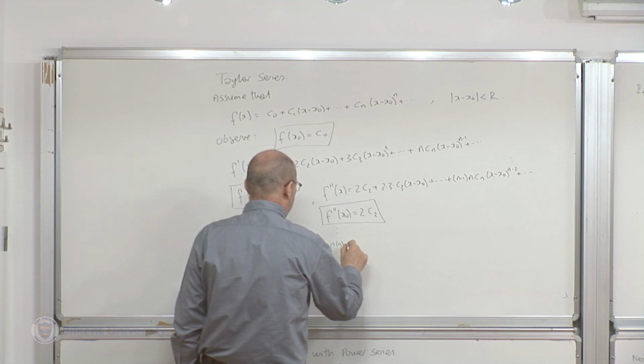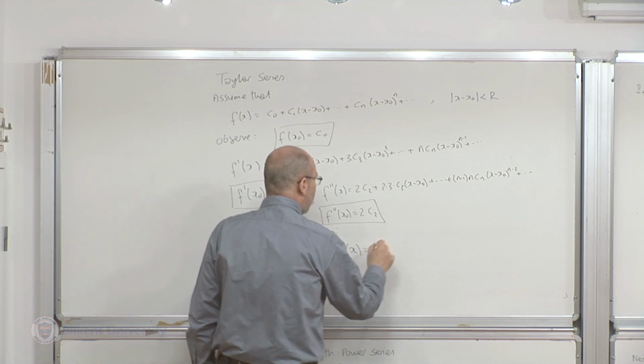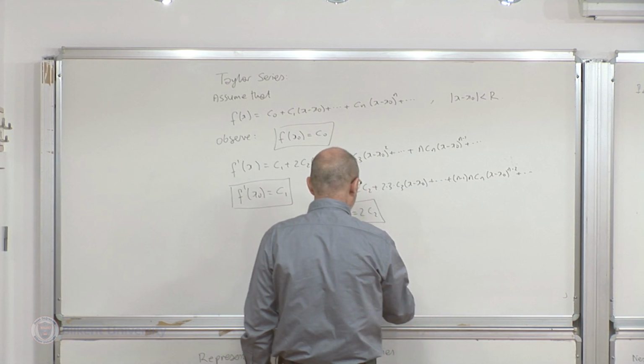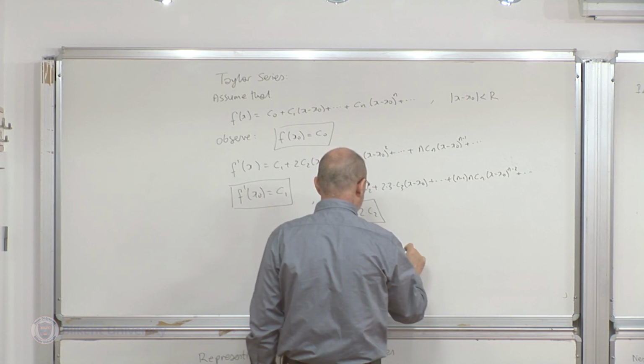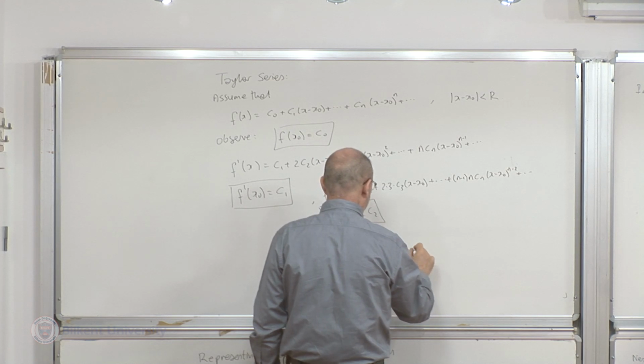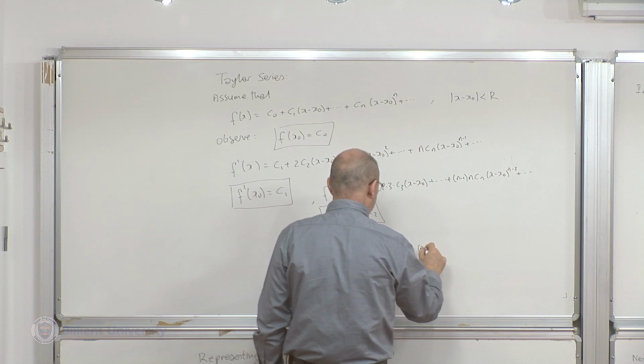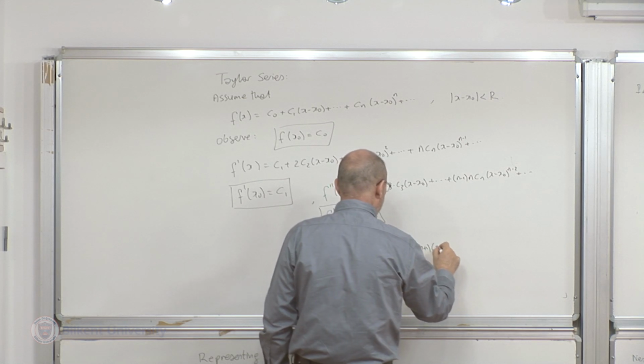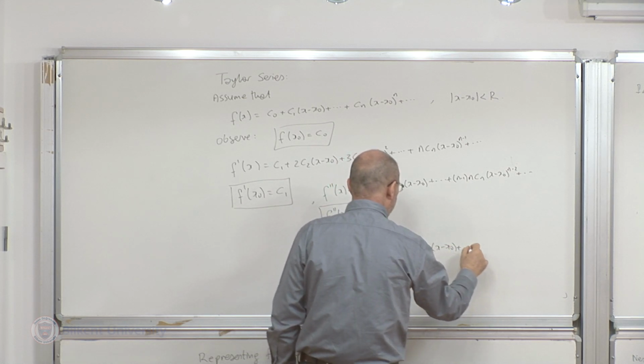The pattern is that if I take n derivatives, here I'll have n factorial times c_n plus, what do I have? I have 2 times up to n plus 1, c_{n+1}, (x minus x sub 0), plus other things.